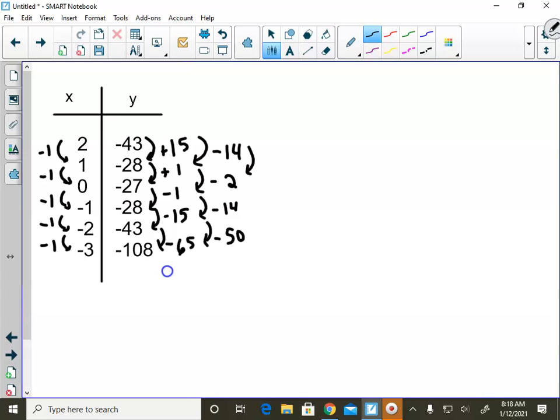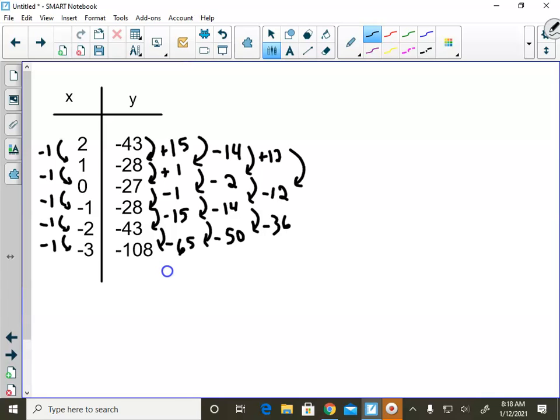This is going to be we added 12. This is going to be we subtracted 12. And here we are subtracting 36. So still not good. So let's go to this column.